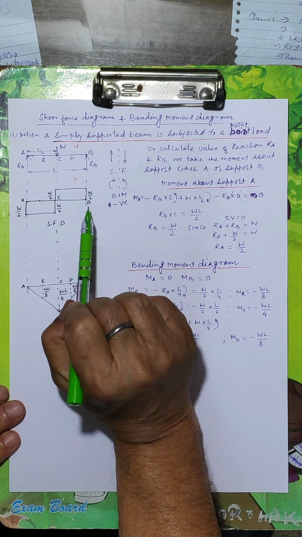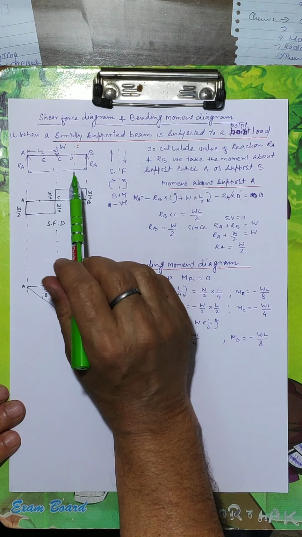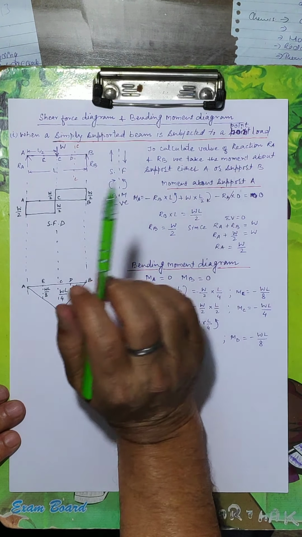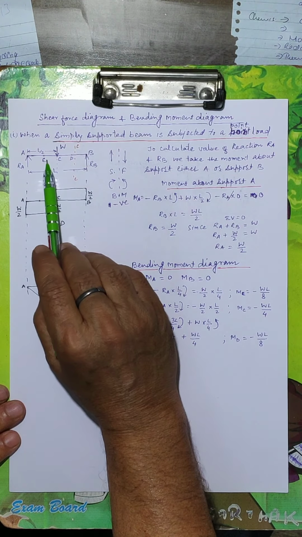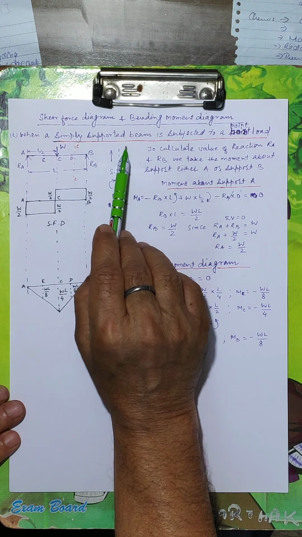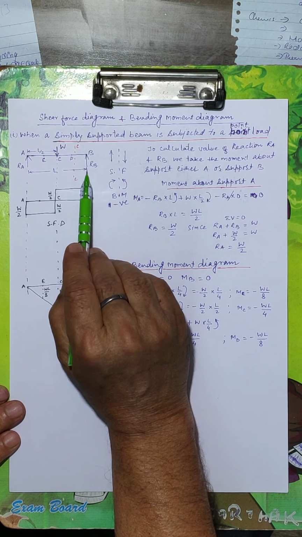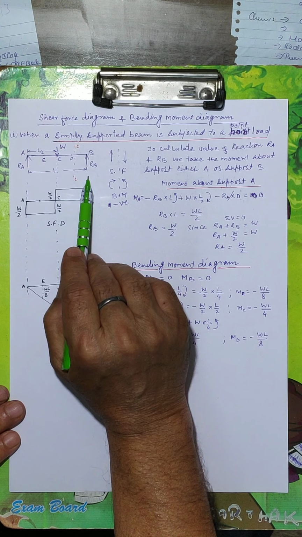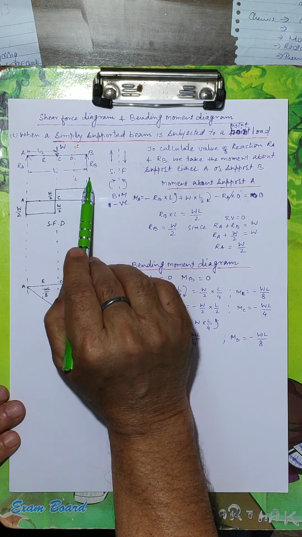About all these loads, we take one point load first. Simply supported means the supports are either both roller, or one hinge and one roller.